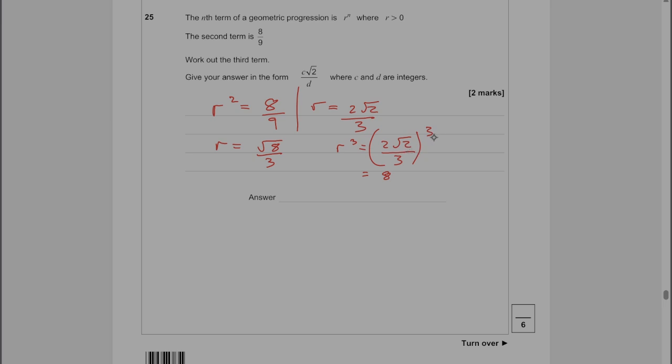Root 2 cubed is going to be 2 to the power 3 over 2, over 27, which is going to give us 16 root 2 over 27.